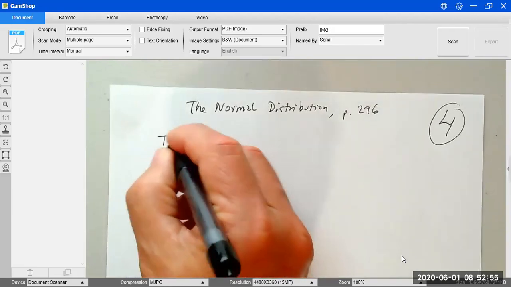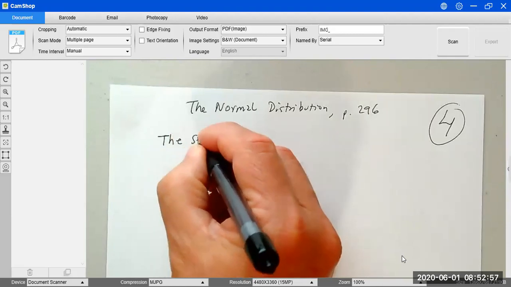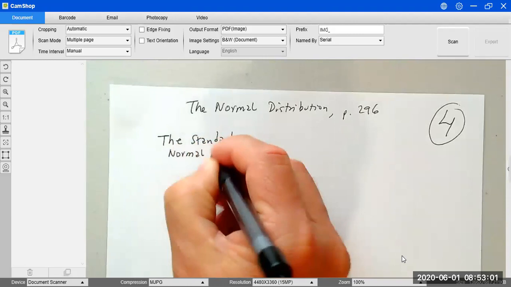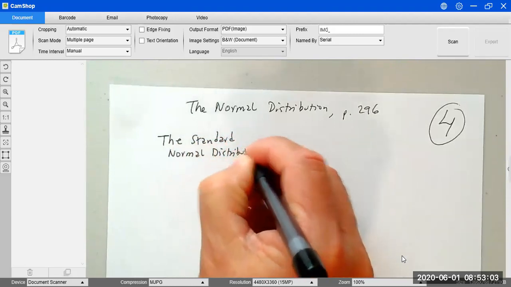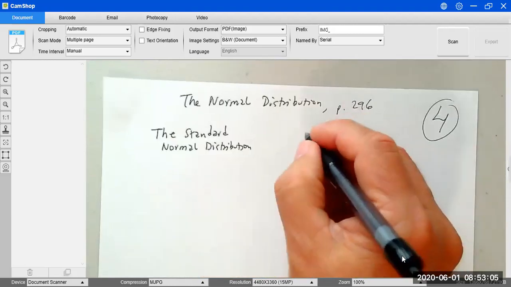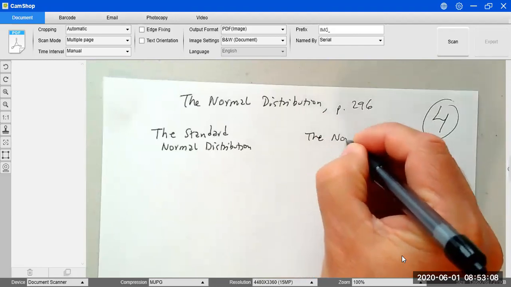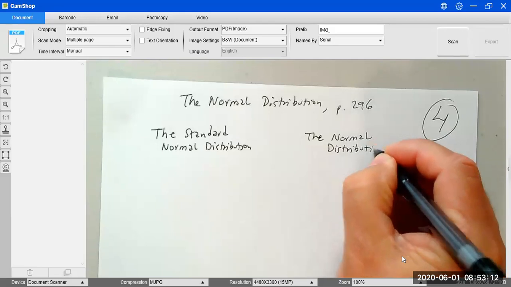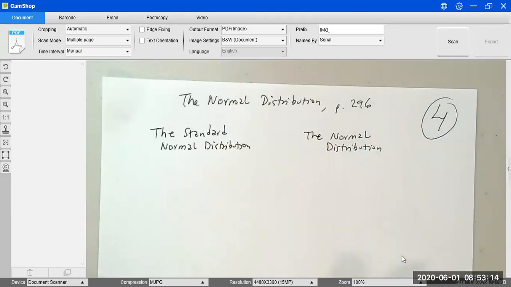We're going to know about the standard normal distribution. We're going to know about the normal distribution, the general one. What are the differences?